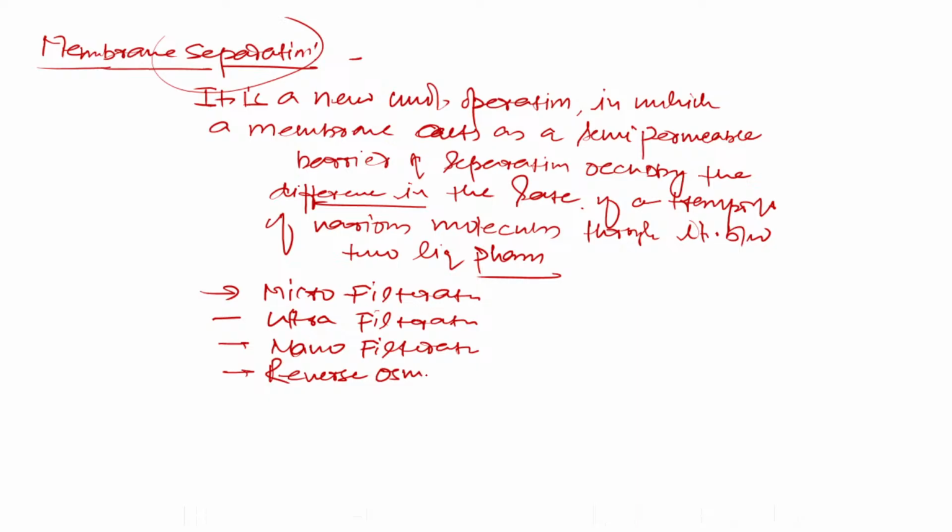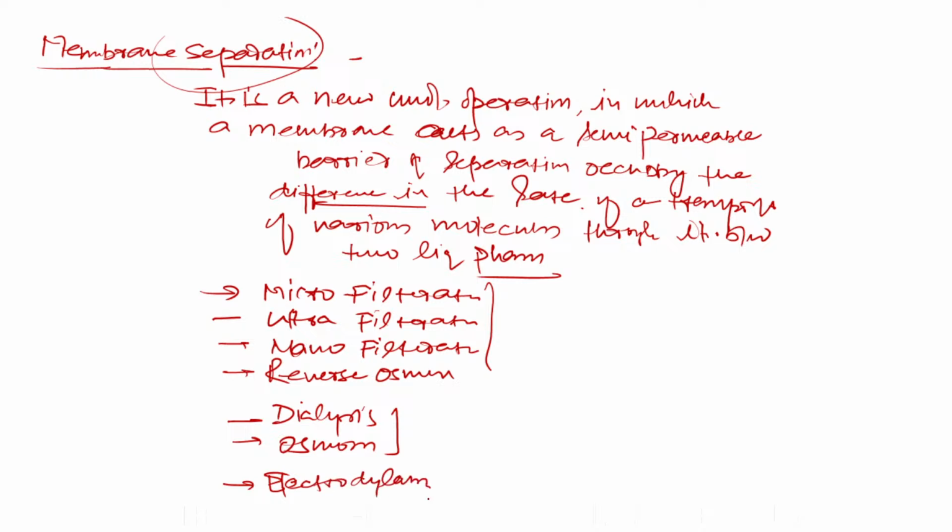Reverse osmosis. These are all examples. Along with this, one more example is dialysis. Dialysis. Have you heard about dialysis? Osmosis. Along with this, one more example is electrodialysis. Electrodialysis.